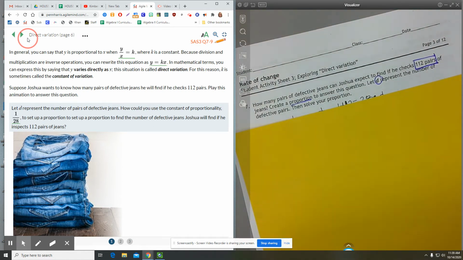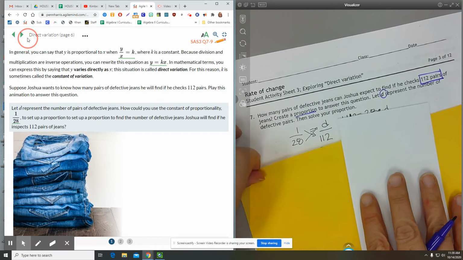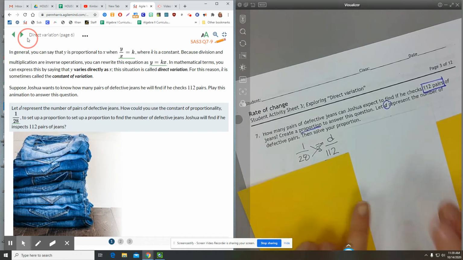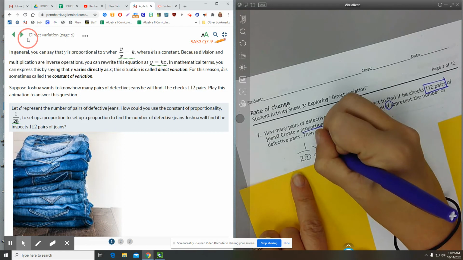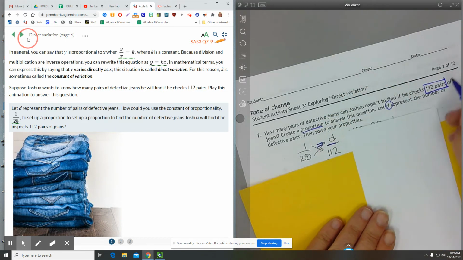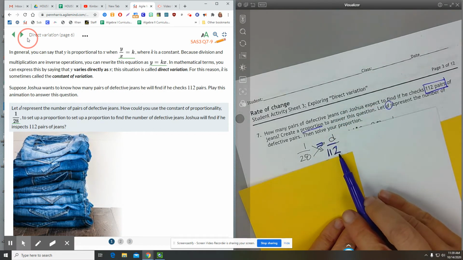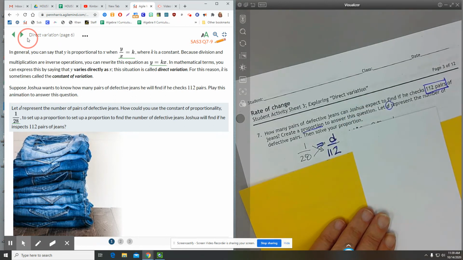Okay, so what we're going to do here is first set up the proportion. We know that there is a 1 over 28, and that is going to be equivalent to something over 112 because he's checking a total of 112 pairs. D goes here for defective. We don't know how many.